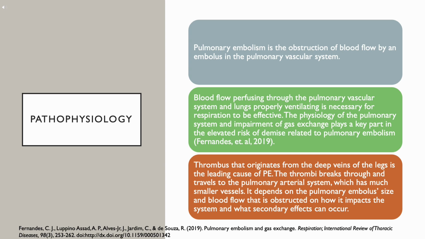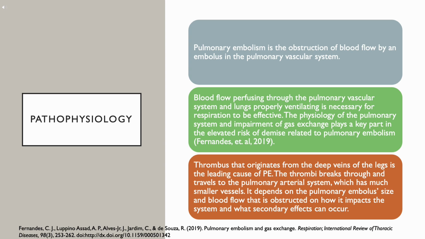The physiology of the pulmonary system and impairment of gas exchange plays a key part in the elevated risk of demise related to pulmonary embolisms. Thrombus that originates from the deep veins of the legs is a leading cause of a PE.